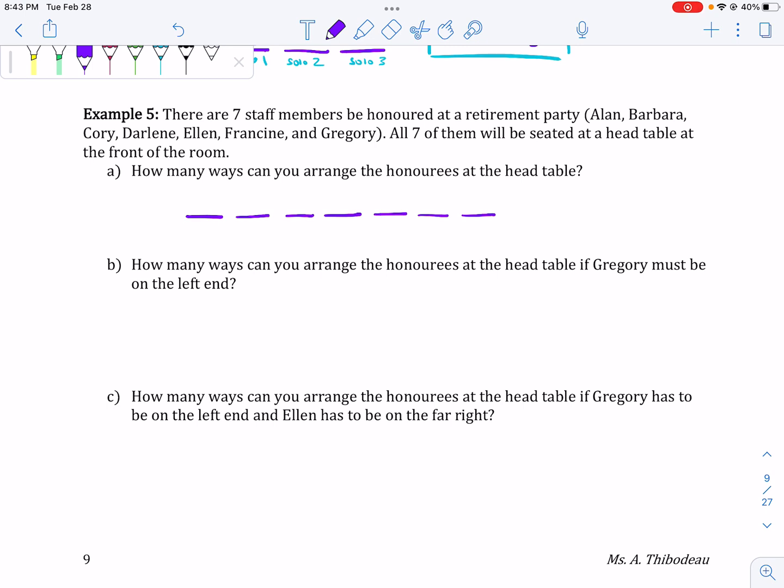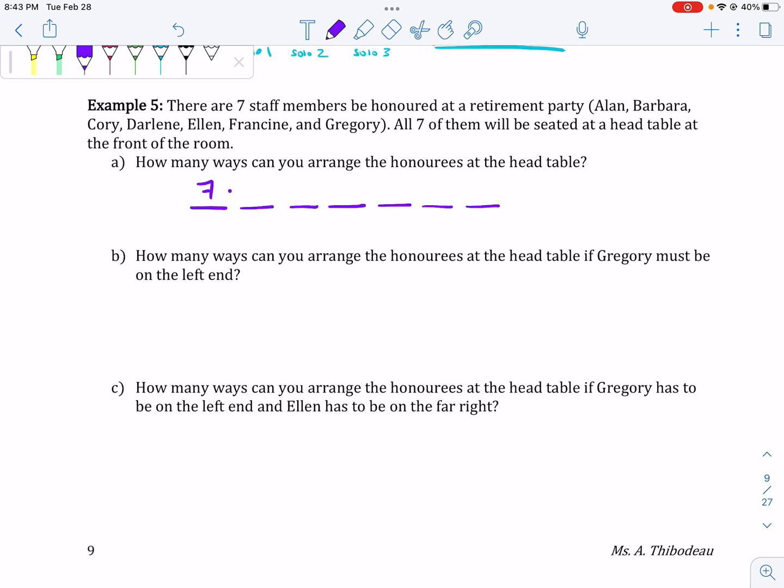Now, if I wanted to arrange all of these people in spot 1, which is that first line, I have 7 choices. I could choose any of the 7 individuals to sit there. Once I've chosen my person for spot 1, spot 2 now only has 6 people to choose from. Then spot 3 is 5, 4, 3, 2, 1.